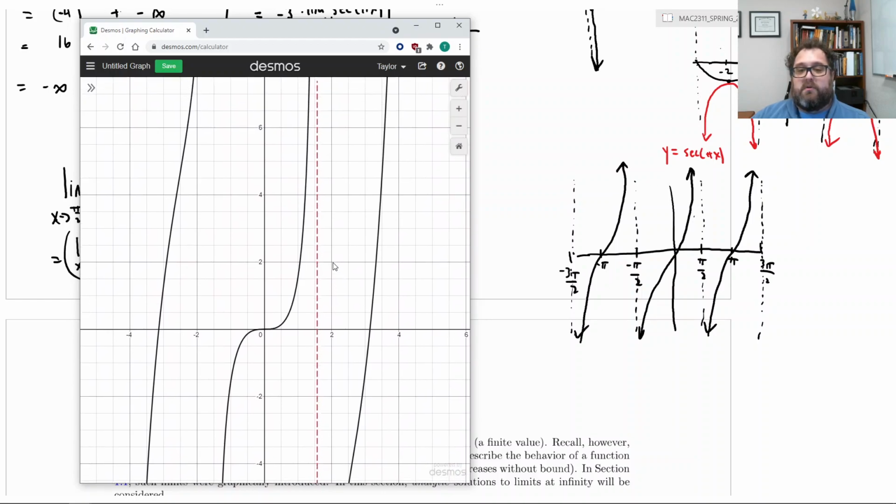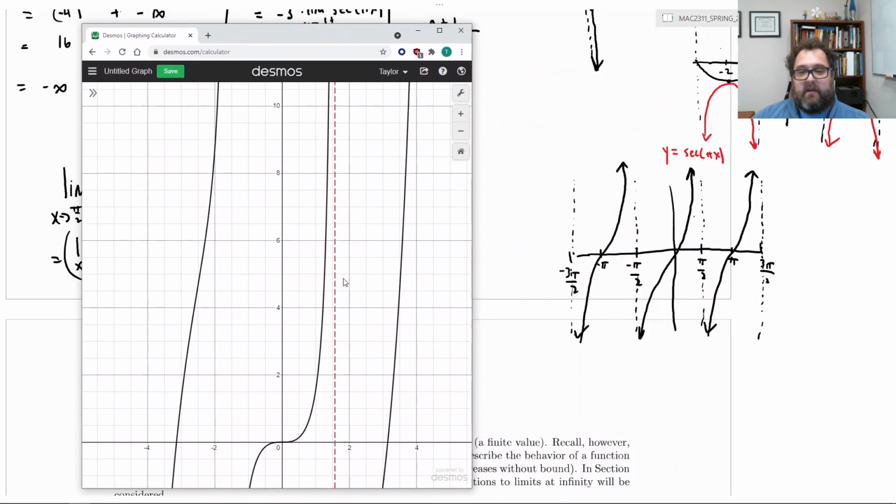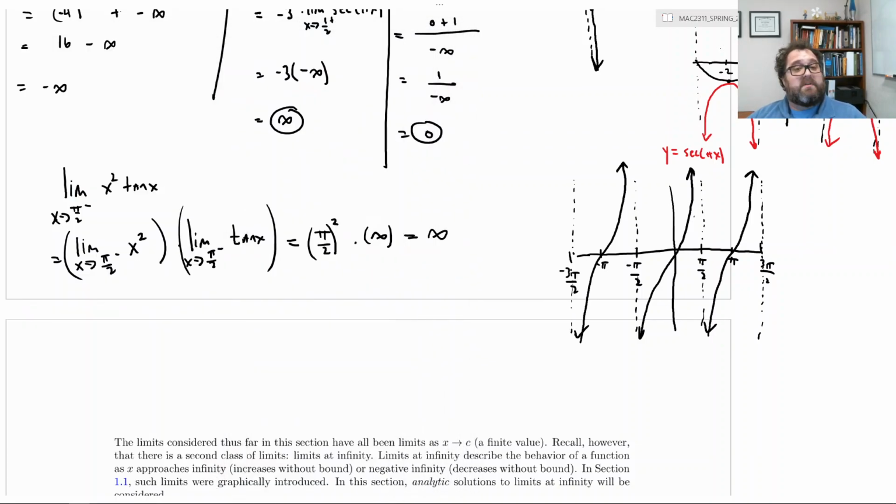Now, as we approach pi over 2, what was it, from the left? Yeah, from the left. Notice this function is heading off towards infinity, just like we found the answer to be. But we found our answer using properties of infinite limits, and other prior properties of limits, like the product rule. Okay? We confirmed our result using the graph.